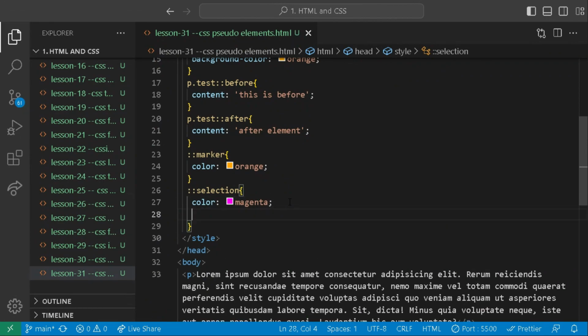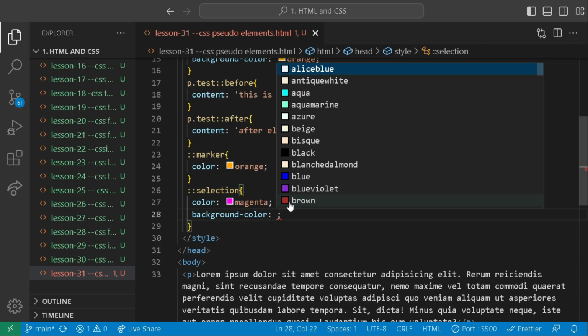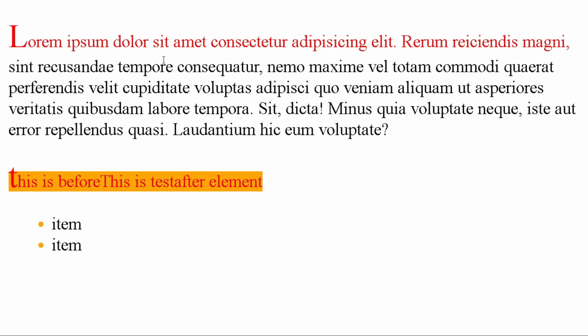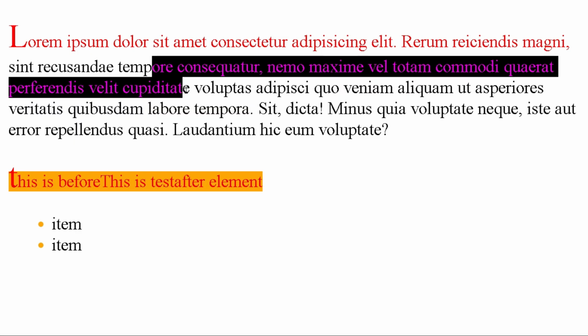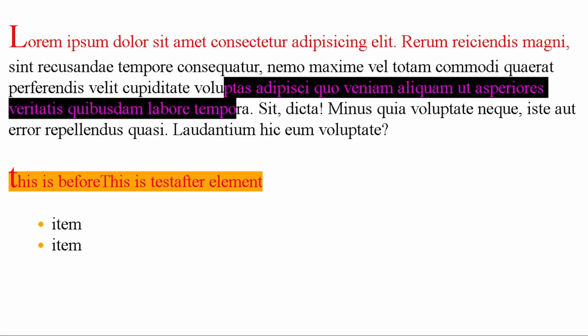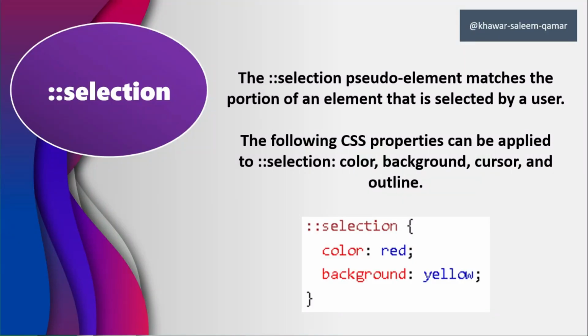So for taking it to another level, I can give it a background color of black. So right, you can see this has got its selection completely changed. Whereas in simple scenarios, the typical selection is a blue background with a white text color inside it. So we have overridden that default style.